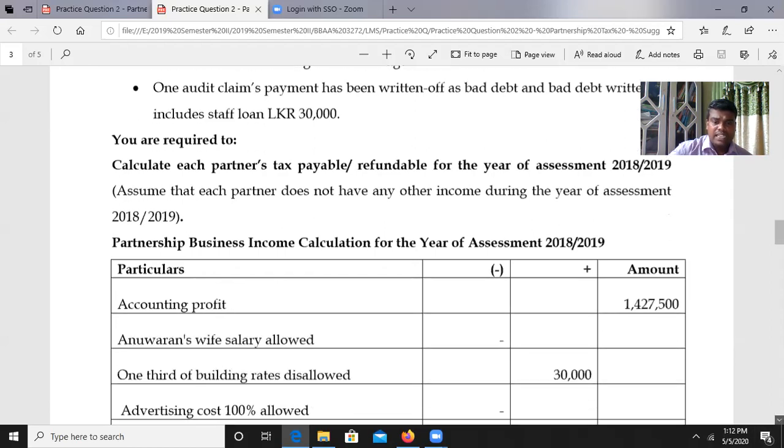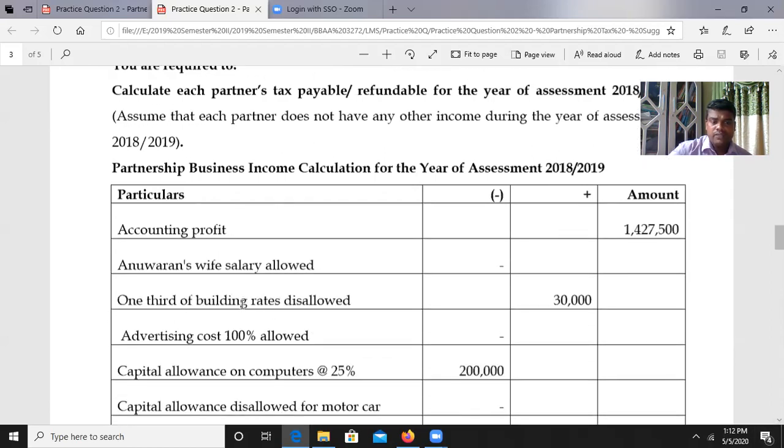Here you can see that 1/3 of the building rates is disallowed. That's why 30,000 is added to the accounting profit. You can understand that if the partnership used 100% of the building, then 90,000 could be allowed. In this case, 1/3 of the building is given on rent, so 1/3 of the rates cannot be allowed.